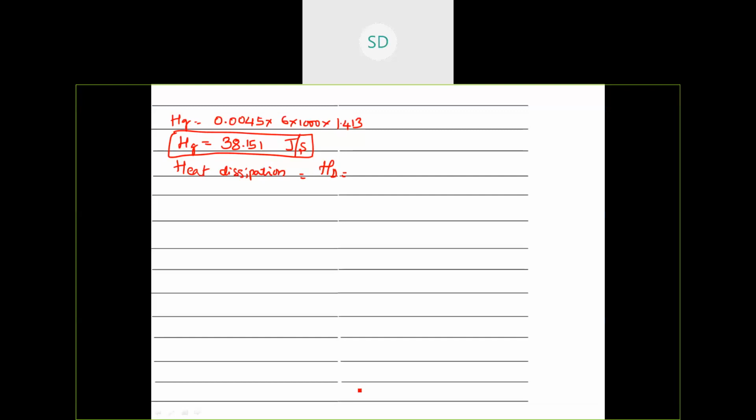Or you can go for the projected area of the journal, the heat dissipating capacity. You can refer to this equation also, equation number 15.11c. So let us go for equation number 15.11 in the data book. This is AP.